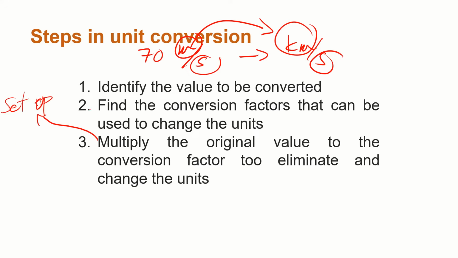For example, we have here 1 meter is equal to 100 centimeter. So, alin ba dyan yung ilalagay natin sa numerator, alin ba dyan ang ilalagay natin sa denominator before we multiply our original value to the conversion factor? Sabi natin, di ba, conversion factor is a ratio.